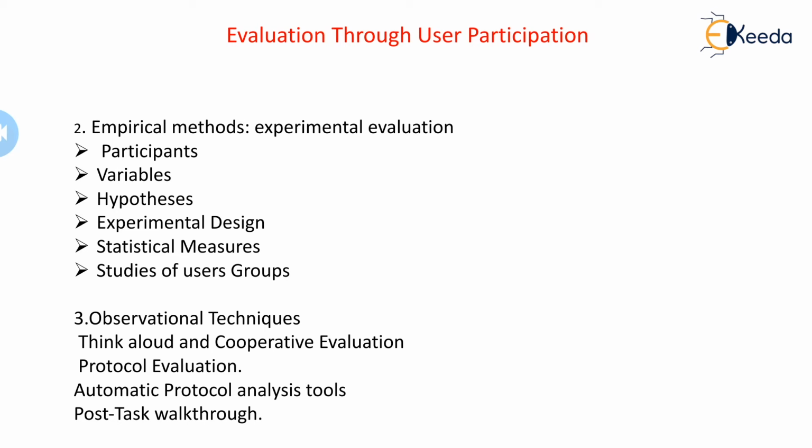Often this is determined by pragmatic considerations. The availability of participants is limited or resources are scarce. Certainly if the intention is to run a controlled experiment and perform a statistical analysis on the results, then a larger number is recommended. Then you have variables.